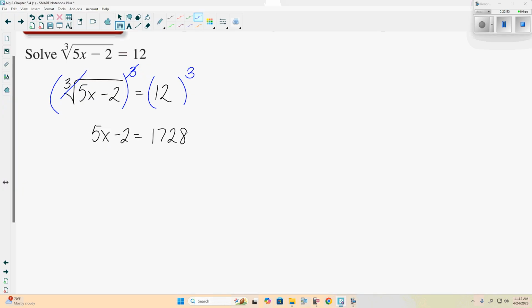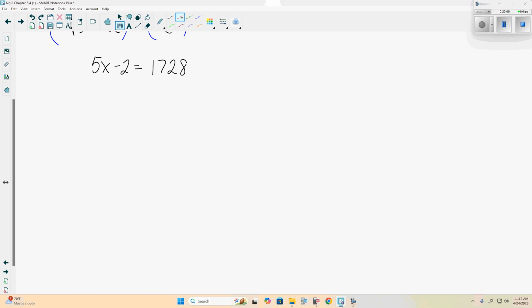Well, did it matter that it was a cubed root instead of a square root? Doesn't matter what root we take? No, because we're going to put both sides to the nth power, whatever that power is. Now we just need to solve because there are no radicals left. And yes, indeed, we would add 2, telling us 5x is equal to 1,730.